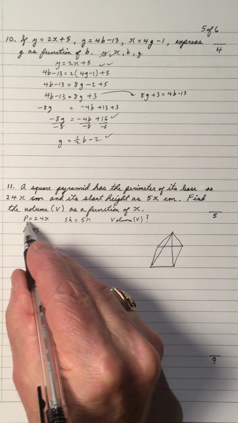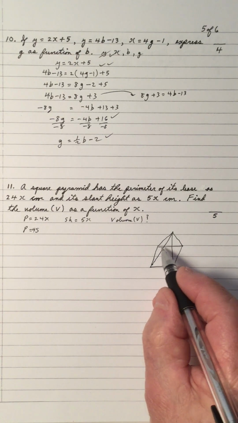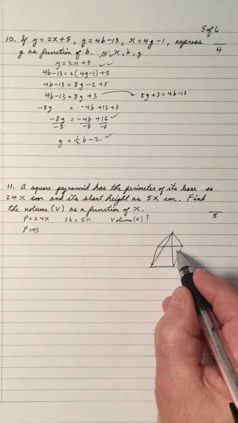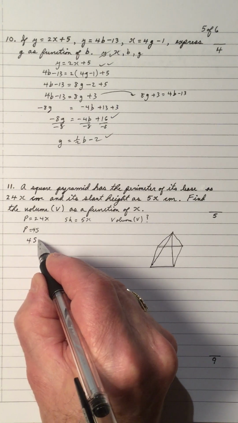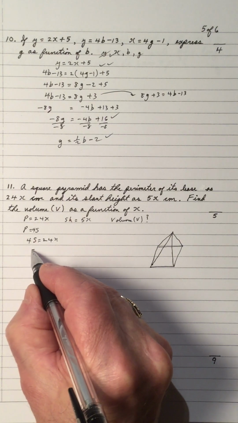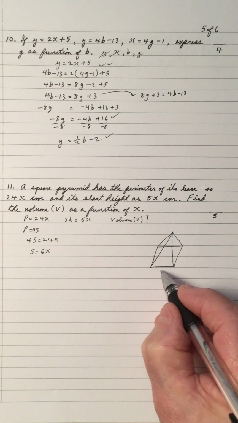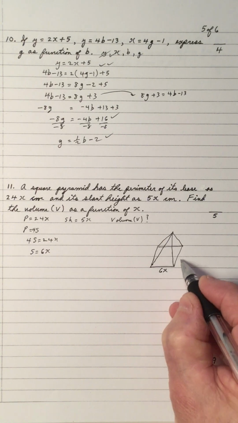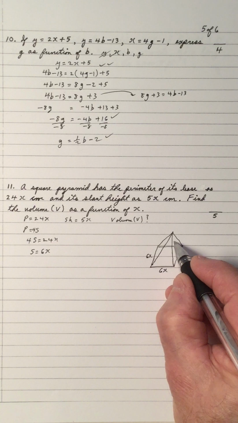If the perimeter is 24x and the perimeter is the 4 sides added up on the base, then 4s is equal to 24x. Divide by 4, and s is equal to 6x. So this side is 6x, the base is 6x all the way around.